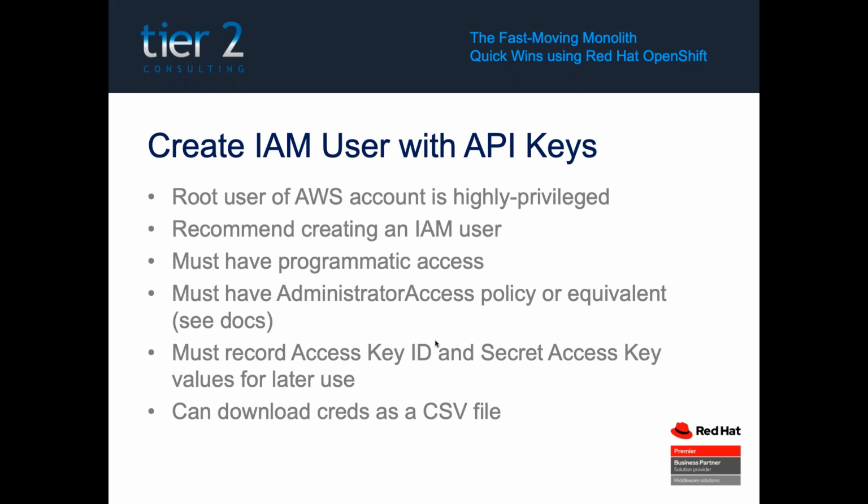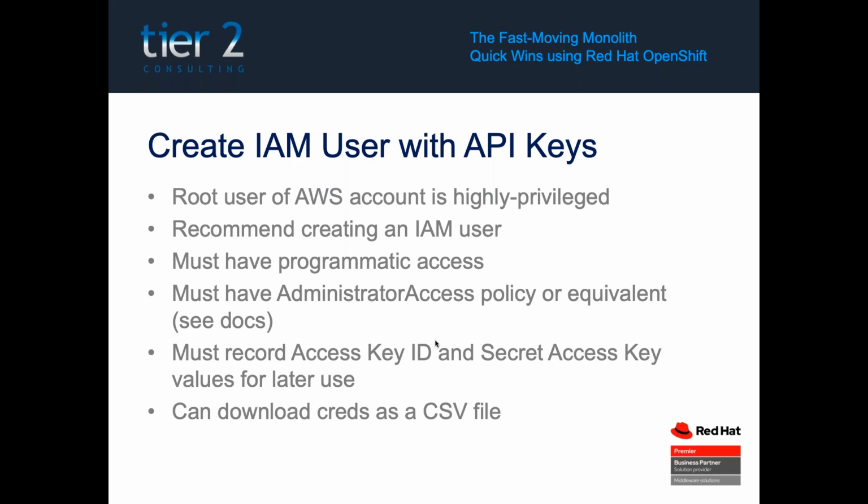So we recommend, and indeed Red Hat recommend in their documentation, creating another user with a slightly lower level of privilege, which you can do with an IAM user in the AWS console. That IAM user must have programmatic access, which is basically just a box that you tick, and you must give it the right policies in order to be able to provision the infrastructure.